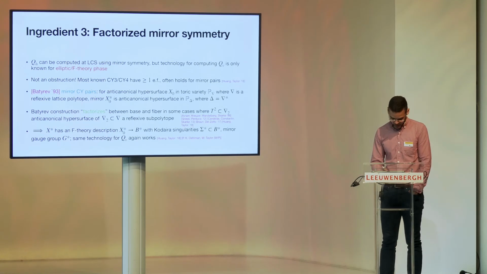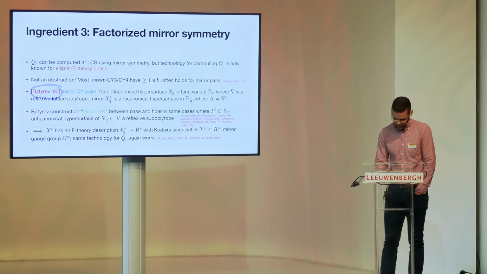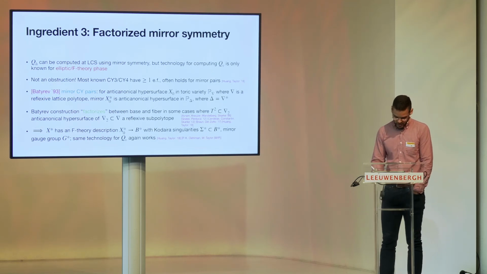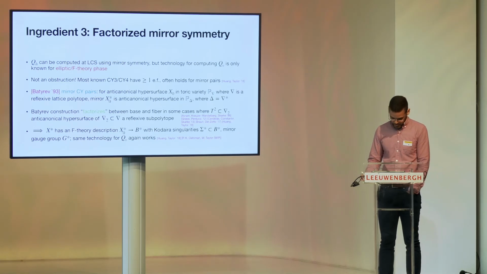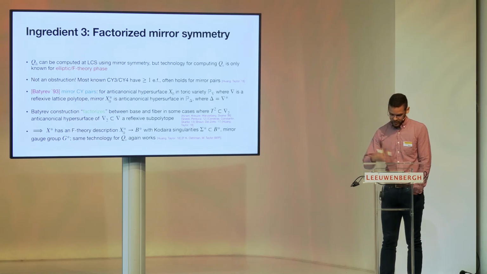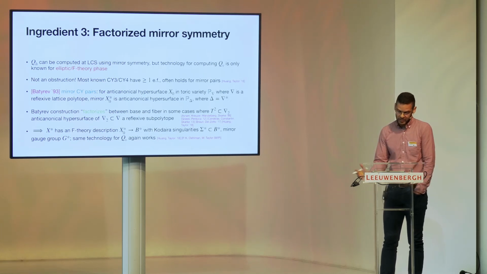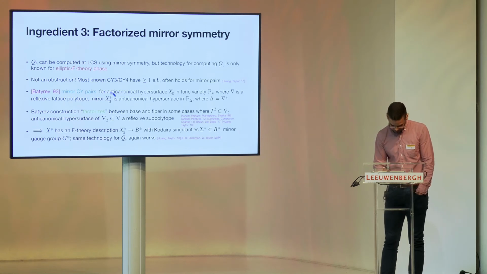And there is a way to formulate the famous Batyrev construction of mirror Calabi-Yau pairs in such a way that, at least for Calabi-Yau hypersurfaces of toric varieties, one can immediately write down what the corresponding elliptic phase, at least a singular elliptic phase, of the mirror Calabi-Yau has to look like.